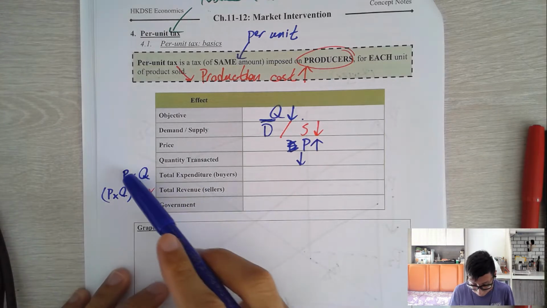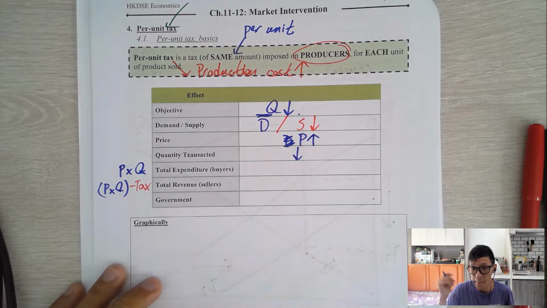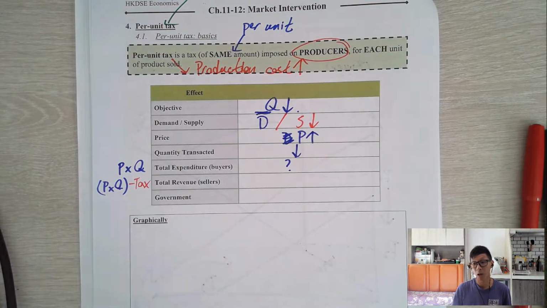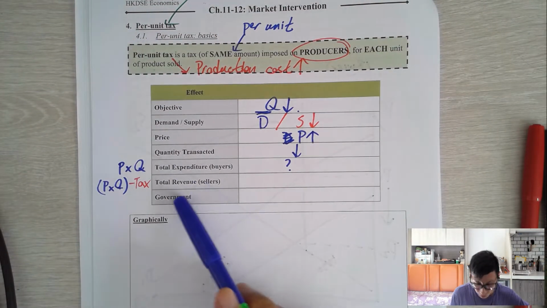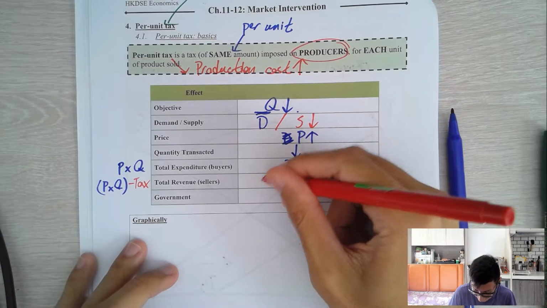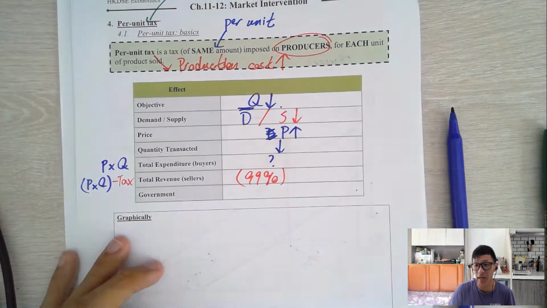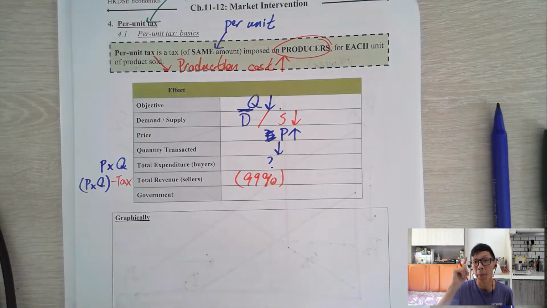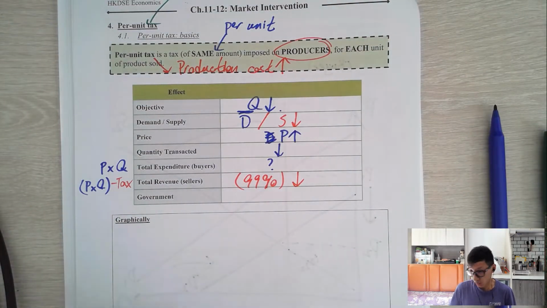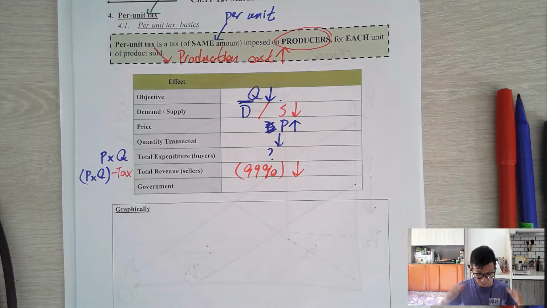For P increase, Q decrease, do you know what happens to total expenditure? No, uncertain. While total revenue, in 99% of the cases, there is 1% of an extreme case where it will not change. But in 99% of the cases, it's going to decrease. It's actually very normal. Use logic to think about it.